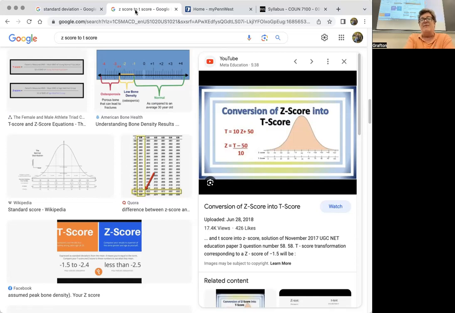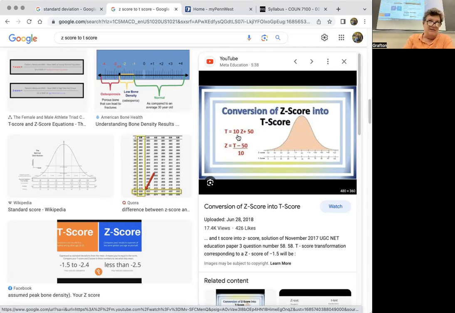The way I remember it in my own mind is t equals times 10. T is 10. So a t-score equals 10 times the z-score, plus 50. They'll give you the z-score. If they give you the t-score and want a z-score, you don't times it by 10.